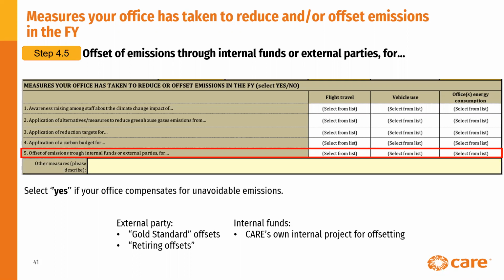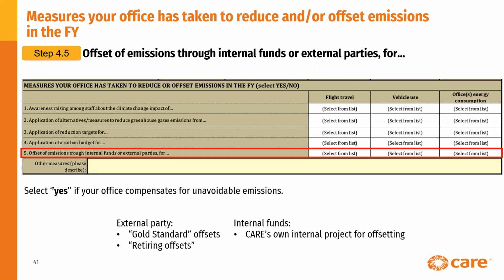If you're looking at external parties, for example, Gold Standard offsets, which you'll find at www.goldstandard.org, they have good and strict requirements for sustainability, local participation, and proof that the project is truly additional to business as usual. Also, you have retiring offsets, which correspond to removing carbon credits from markets where there's a finite supply of permits to pollute.